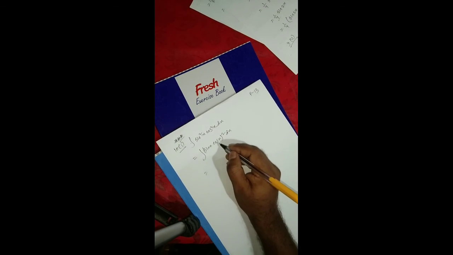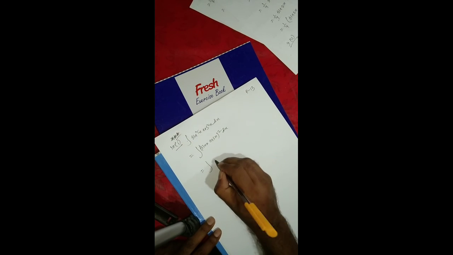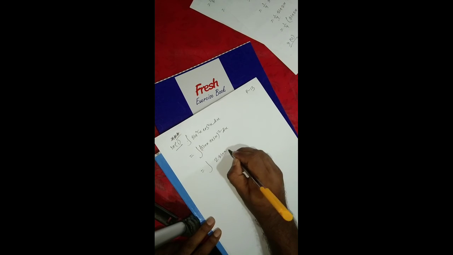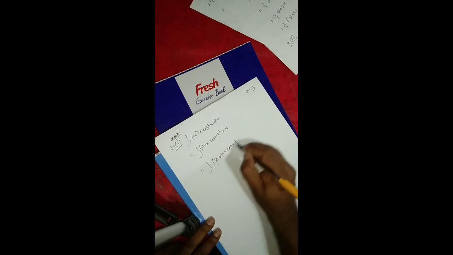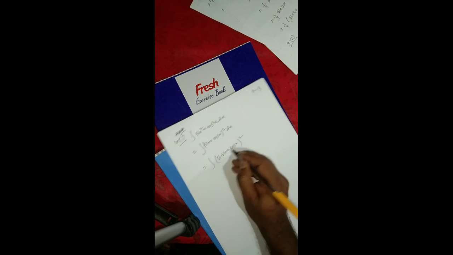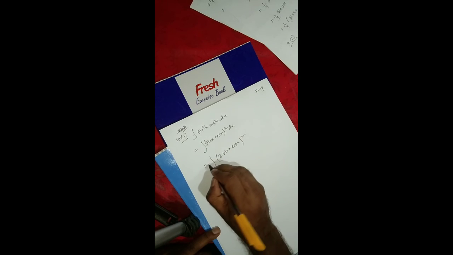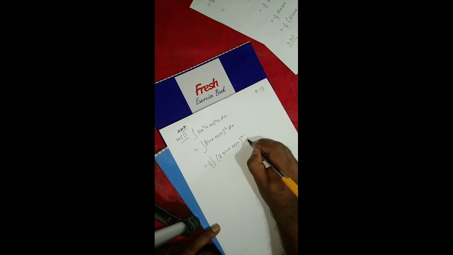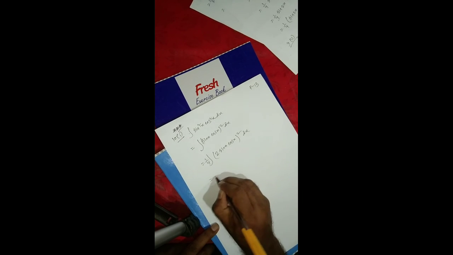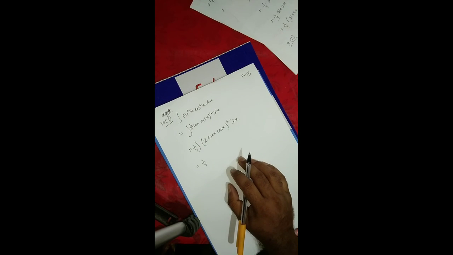Now only sin a cos a, we write down 2 sin a cos a, then 2 sin x cos x whole square. For these two we get a formula 2 sin a cos a, and 2 square is equal to 4. 1 by 4 d of x. Now 1 by 4 2 sin a cos a, that means sin square 2x.